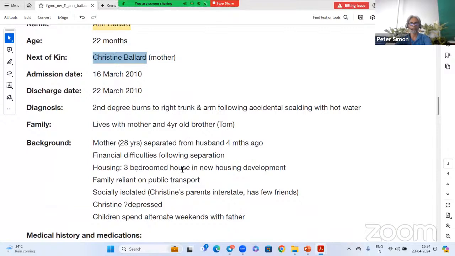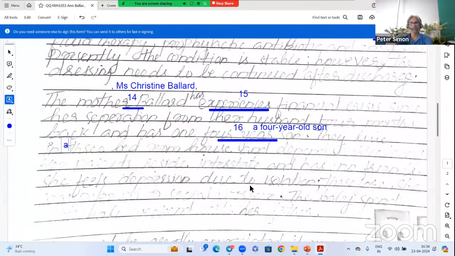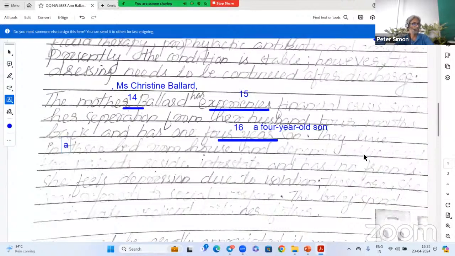A 3-bedroomed house, see here. And depend on public transport.